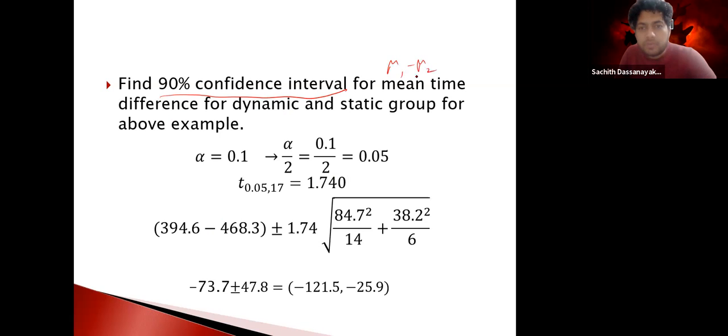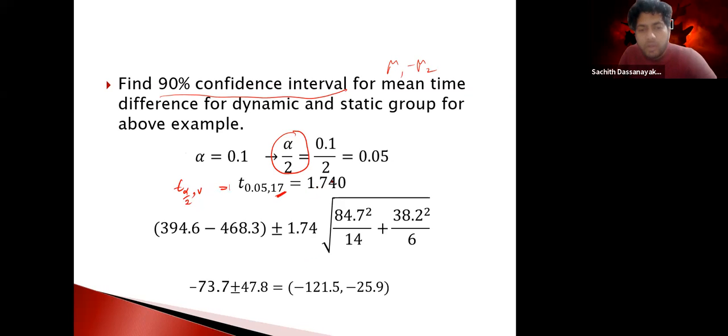Part 2 of this question: find a 90% confidence interval for the mean difference mu1 minus mu2. So your alpha is 0.1. You have to find alpha over 2. Since the degree of freedom you found in the last part is 17, you can find the test statistic value, t alpha over 2 comma v.